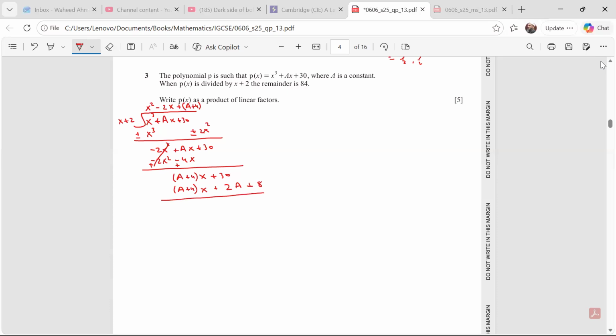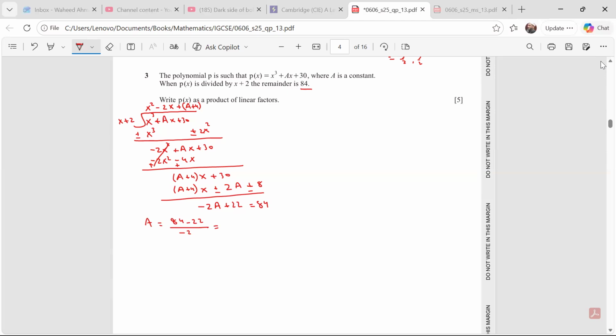When I subtract, this will go away and I will have negative 2a and 30 minus 8 is plus 22. And we are told that the remainder is 84. So this must be equal to 84. So from here you can see that a is equal to (84 - 22) divided by negative 2.